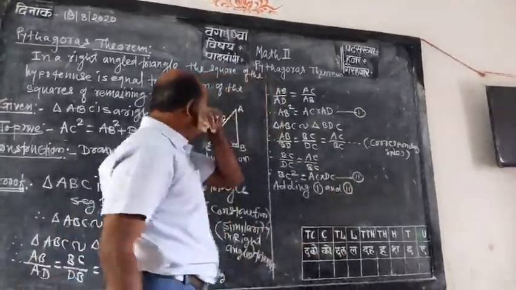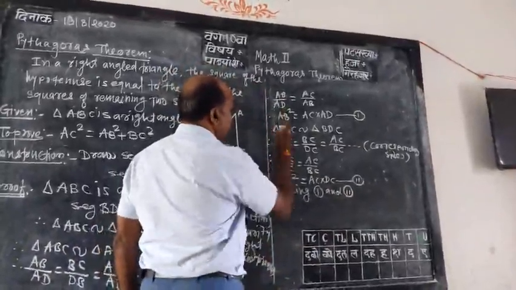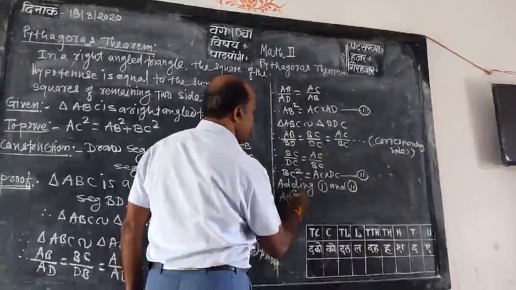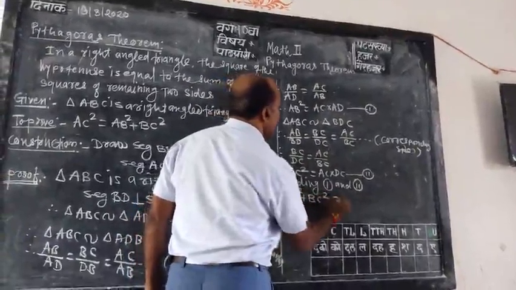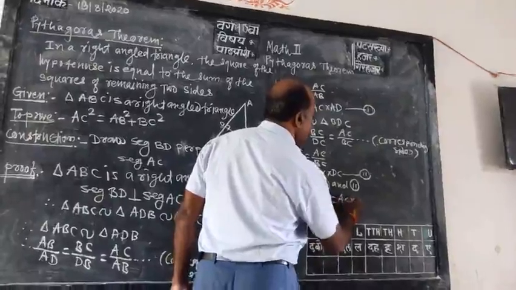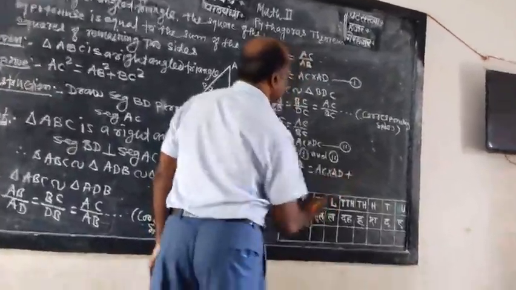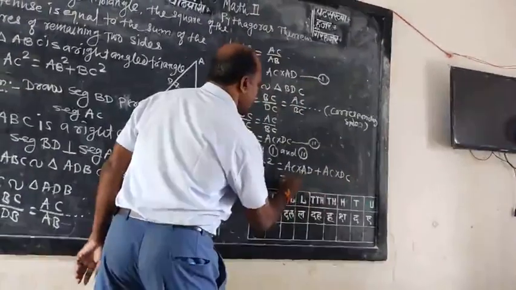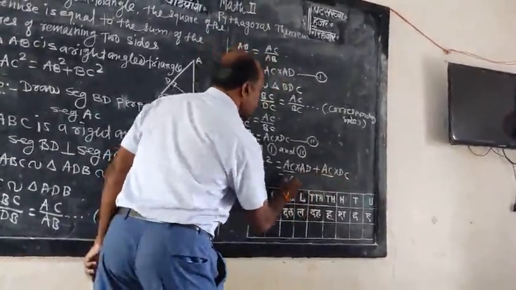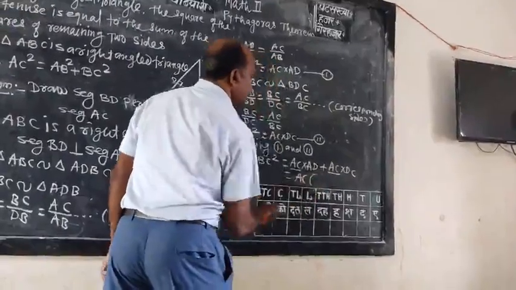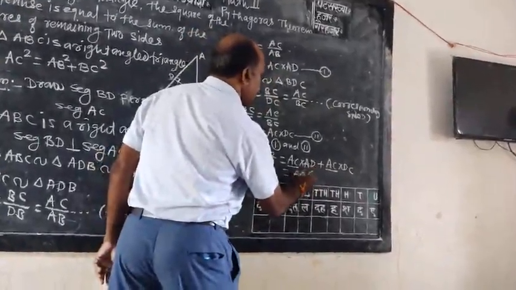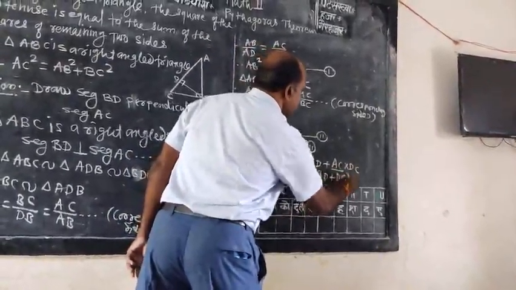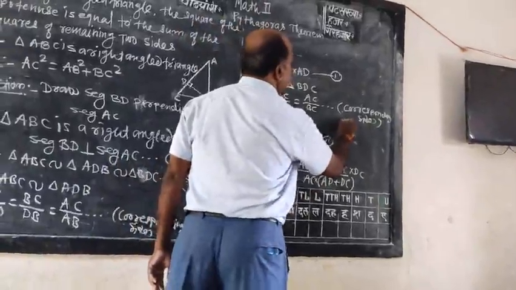So adding 1 and 2, in this way we can prove the theorem. Add left hand side to left hand side and right hand side to right hand side. So we get AB square plus BC square is equal to AC into AD plus AC into DC. AC is common, so AC into AD plus DC.